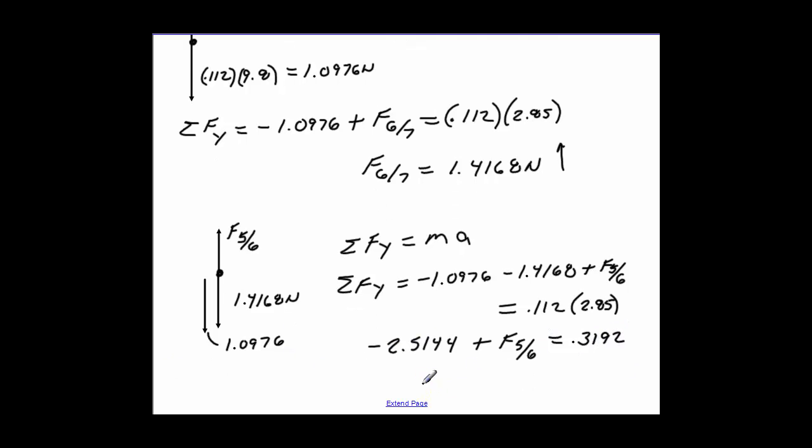Move this to the other side, and we get F 5/6 is equal to 2.8336 newtons. And again, that's going back up.